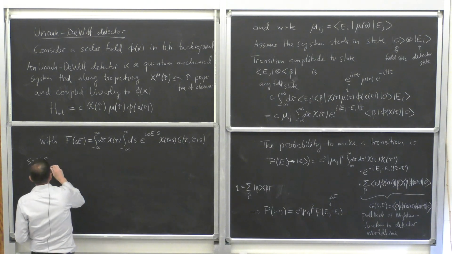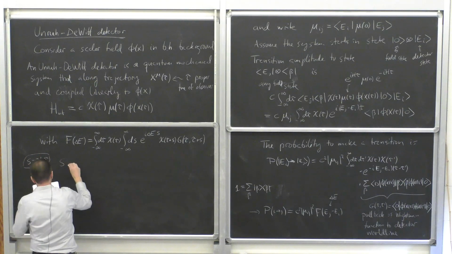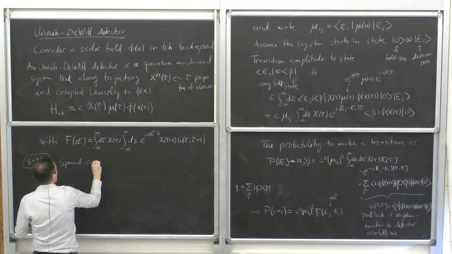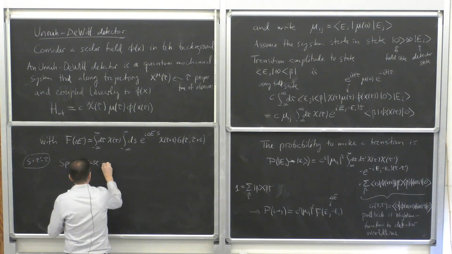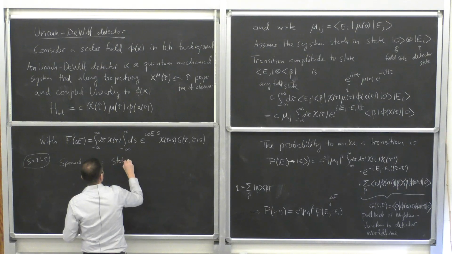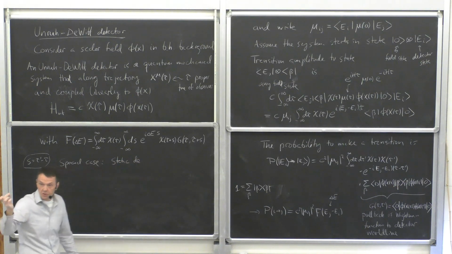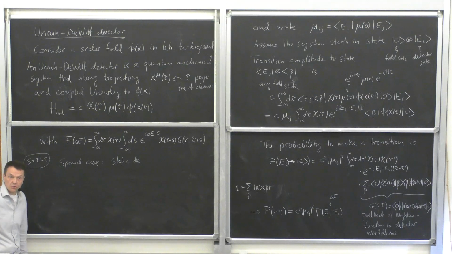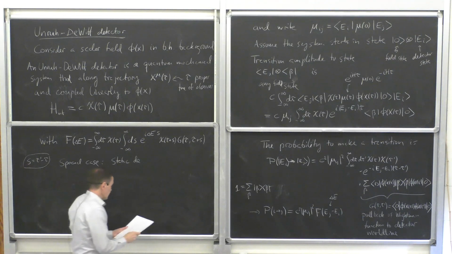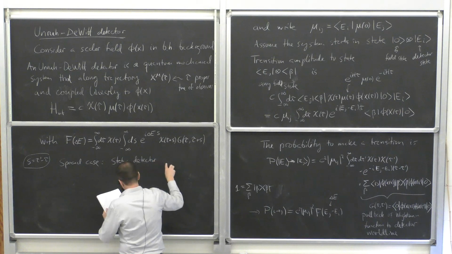And now let's look at a special case, which is the case that Unruh was looking at. We have a static detector. So it's a fiducial observer who just sits there somewhere, or maintains their position in the background. So it's a static detector that's always on.